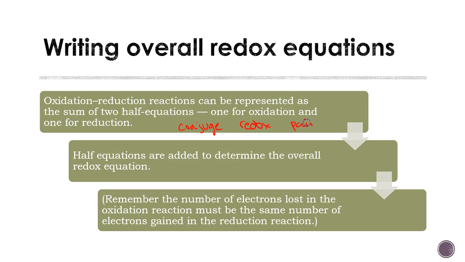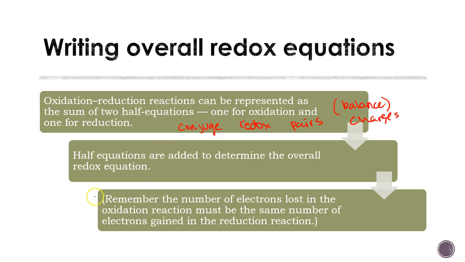Okay. Then from that, once we have the 2 half equations, we need to balance our charges on here. Okay. Once we have that, we can add the 2 half equations together to determine the overall redox equation.